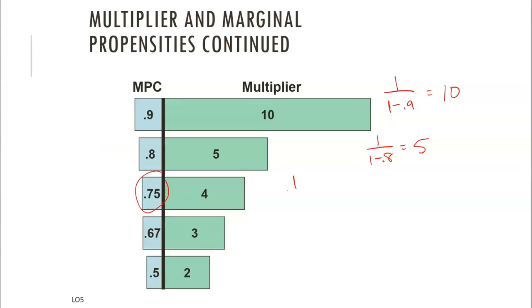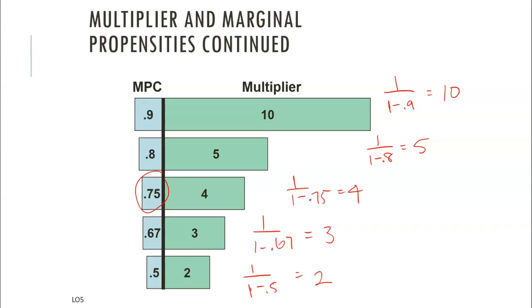0.75, right, is going to give us a multiplier of 4. 0.67 is going to give us a multiplier of 3. And 0.5 is going to give us a multiplier of 2.